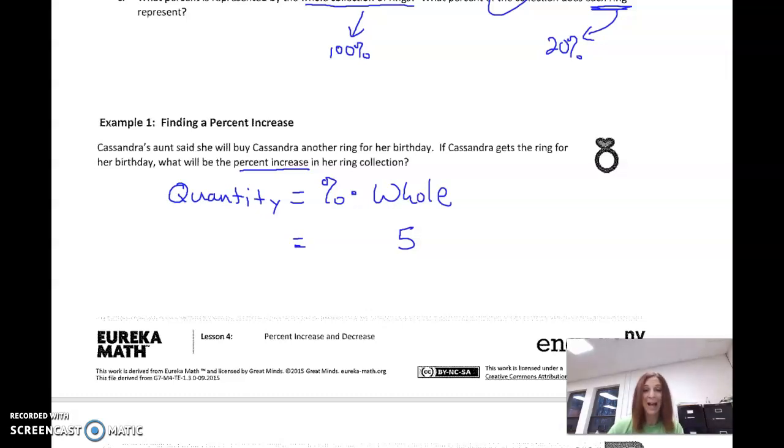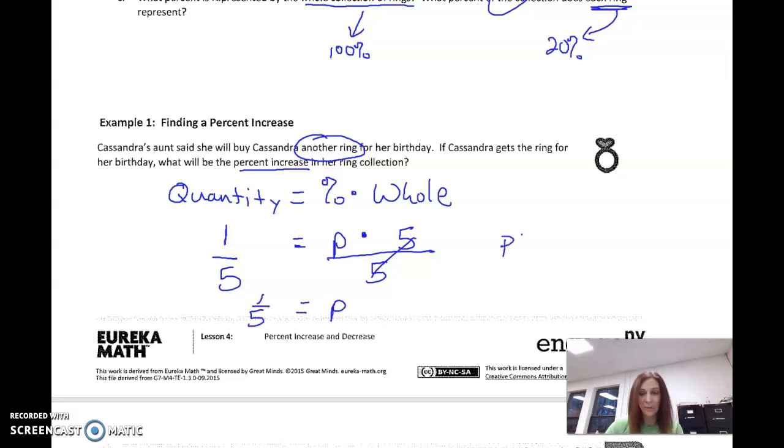Quantity. How many rings is she increasing by? Because obviously if she gets another one, she's increasing. She's increasing by 1. In previous lessons, make sure you use this equation. We're going to be doing something a little different. But if you write down the equation, write down what you know, solve for what you don't know, you get P equals 1/5.